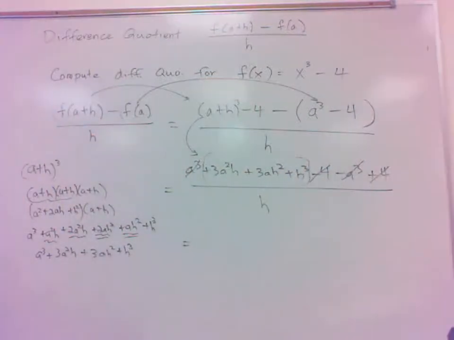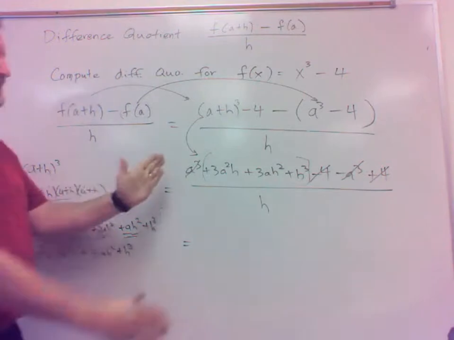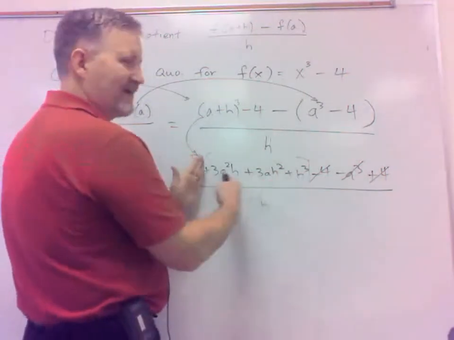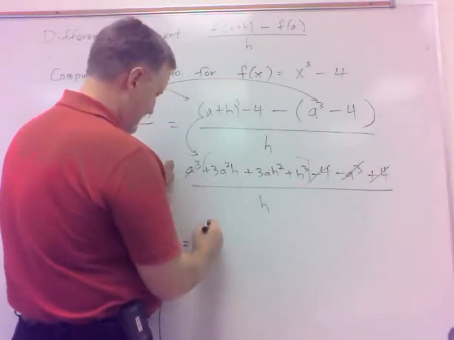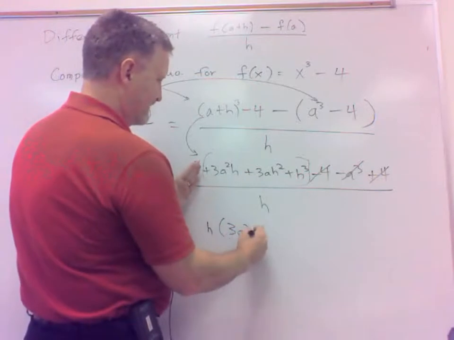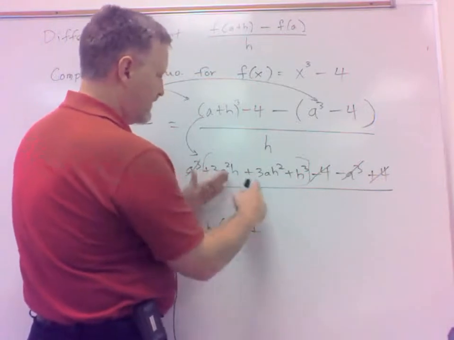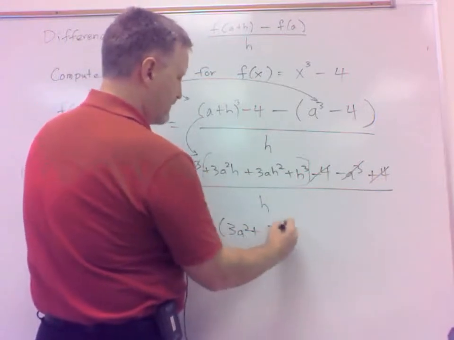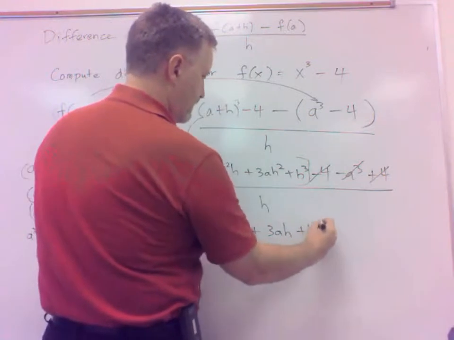However, you might notice there's some more canceling that can go on here, because what about these three now? Well, they all have a factor of h, don't they? So it'd be 3a squared there, 3ah there, and h squared there.